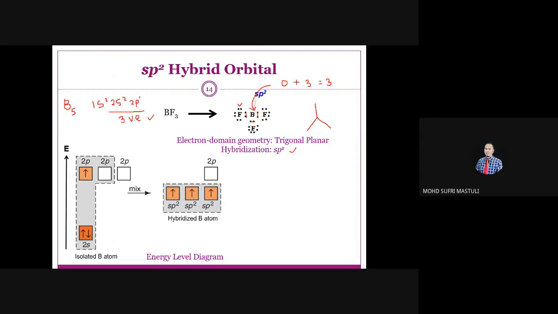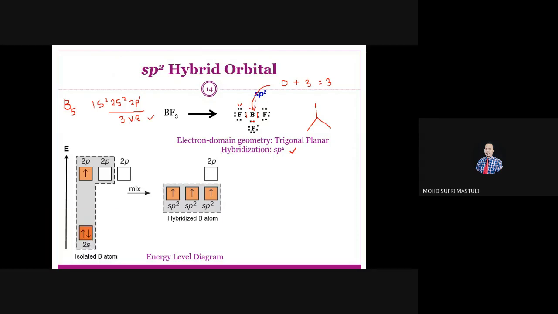So if we don't proceed with hybridization, the formation of BF3 cannot happen. That's why we have to hybridize the orbitals in order to provide three single electrons. As we agreed, it should be sp2.